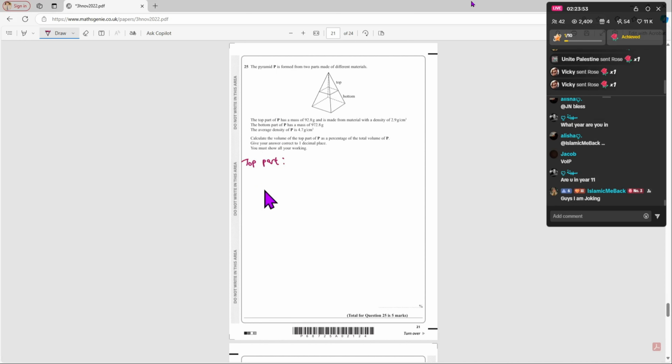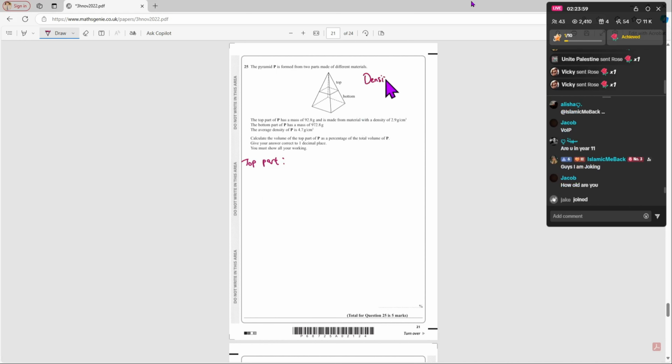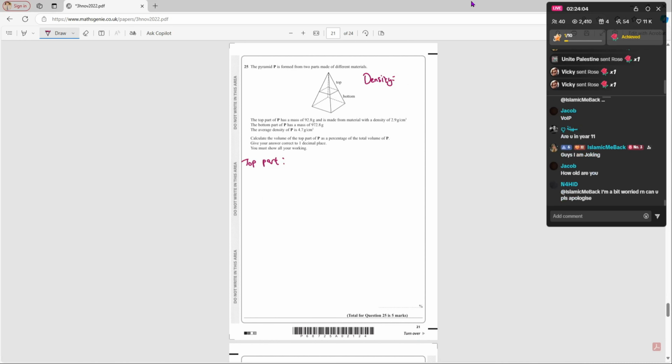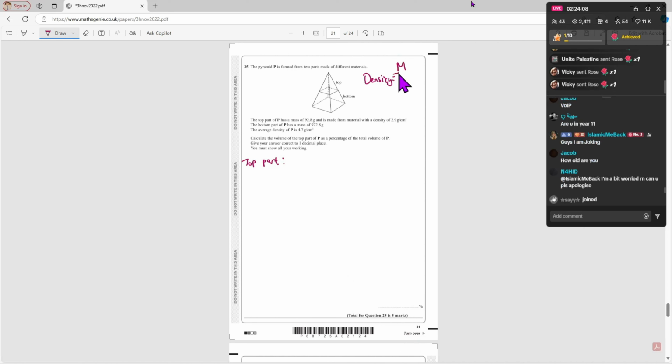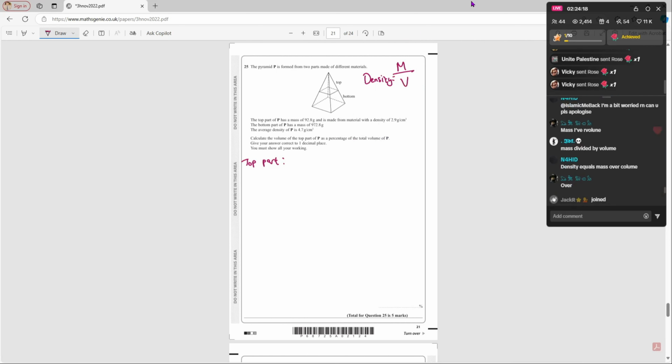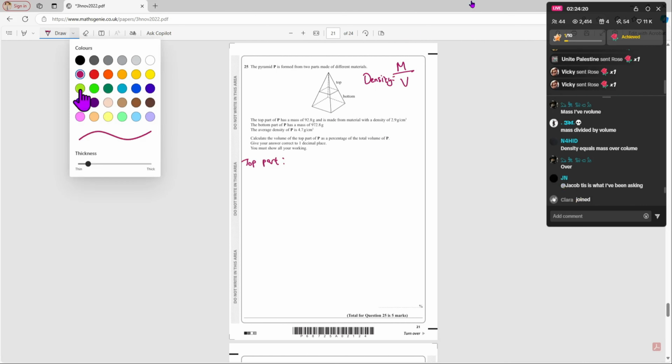We know the formula for density. Who knows the formula for density? Density is equal to mass divided by volume. For the top part, we're given the mass and the density, so we have to work out the volume.